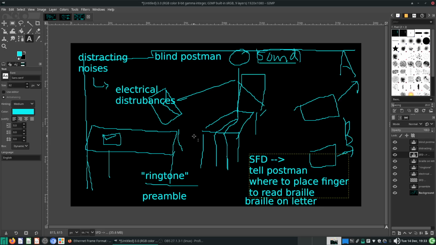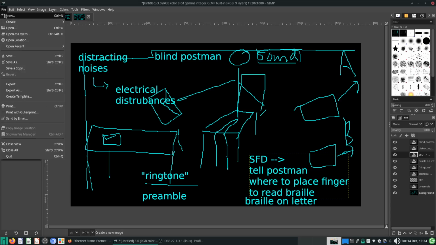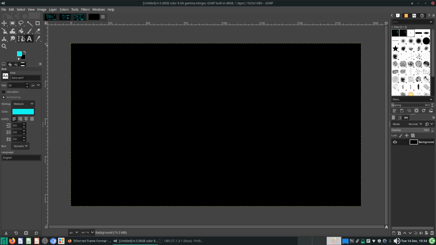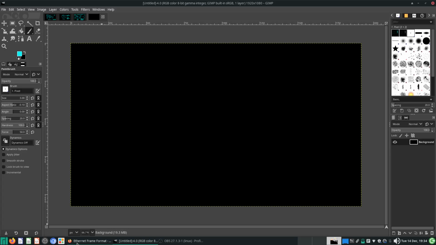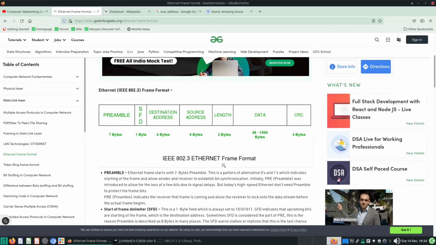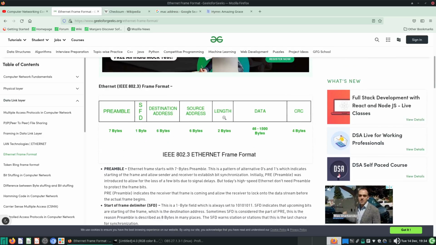So the postman will read your letter, for whatever reason. That's the way it goes with Ethernet. The postman will start reading your letter, and usually over here, how long the letter is will be appended in this length section.